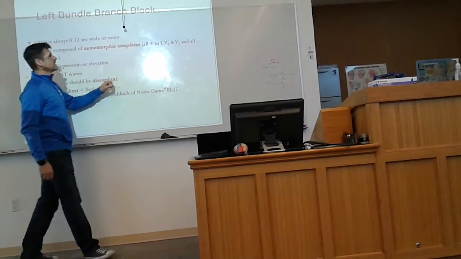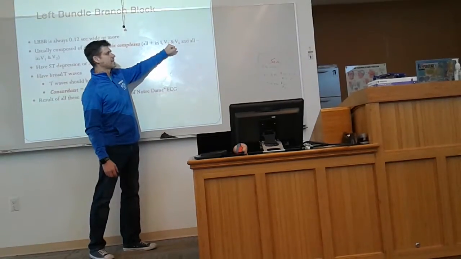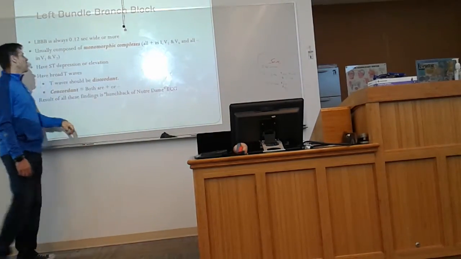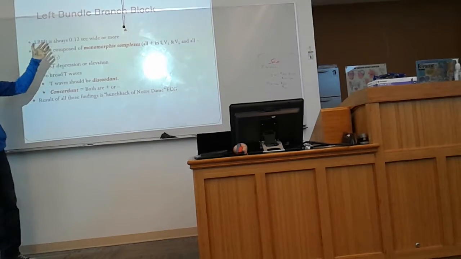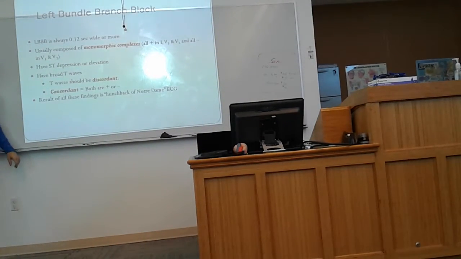They tend to be all positive in leads 1 and V6, and they're all negative in V1. And notice that V2 and V5 show up with those same leads sometimes. But leads 1 and V6 are all positive, and V1 is all negative.